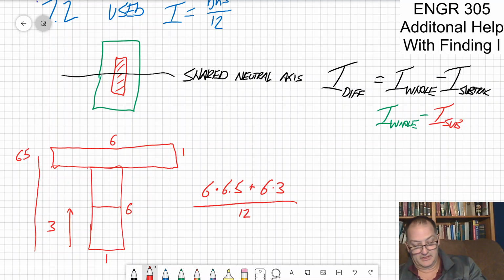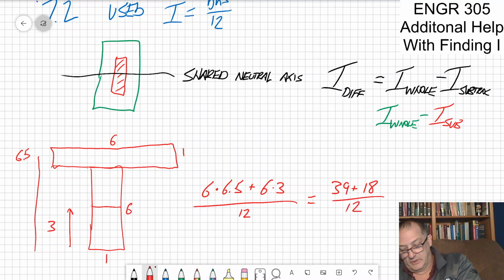So this is going to be 39 plus 18 divided by 12, which is 57 over 12, and that's a little less than 5.